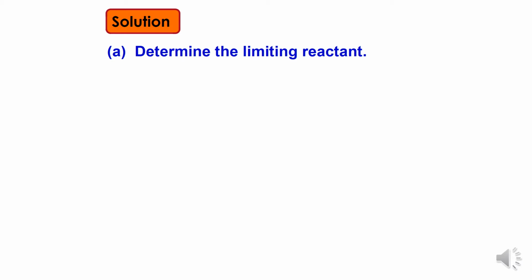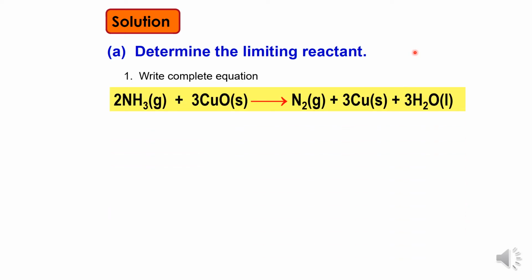In the previous lesson we already discussed 4 steps to determine the limiting reactant. First step, write the complete equation. So here, 2 ammonia and 3 copper(II) oxide produce nitrogen gas, 3 copper and 3 H2O.